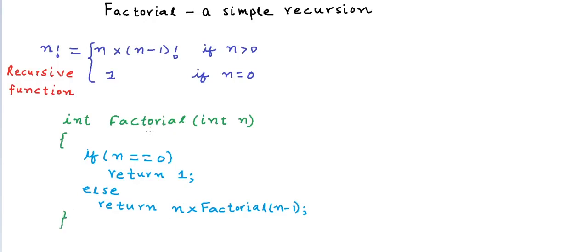So now we can see that within the function or the method factorial, we are calling the method itself, though with a changed argument or a reduced argument. So when we call a method within itself, we say that such a call is actually a recursive call.